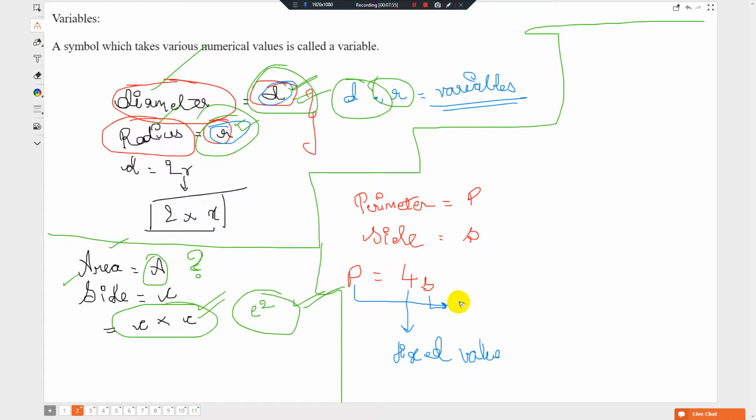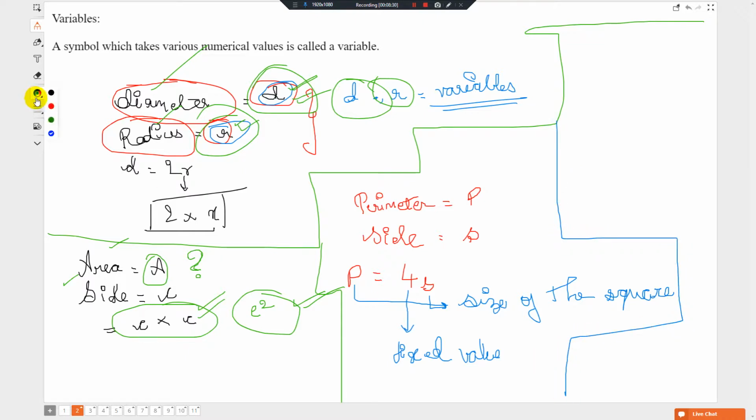They depend on the size of the square. So you may now be understanding what a variable is. Constant is also another topic, which I'll explain. So we understood these three examples clearly.